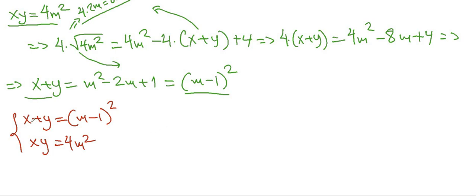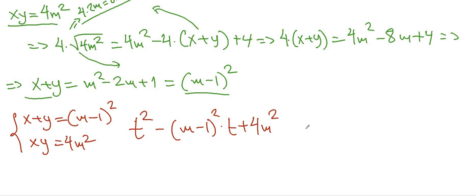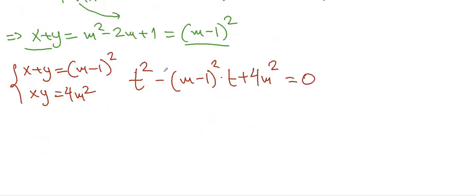Now if we consider x and y as roots of a quadratic equation, then I can write the following quadratic equation: t squared minus m minus 1 squared times t plus 4m squared is equal to 0. Let me now find the discriminant of this quadratic equation. So the discriminant is m minus 1 to the power of 4 minus 16m squared.